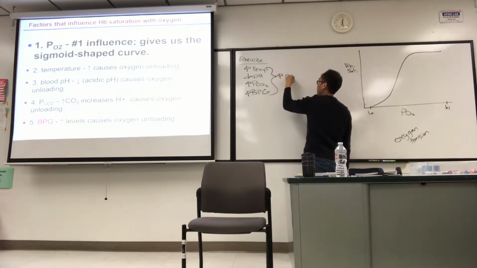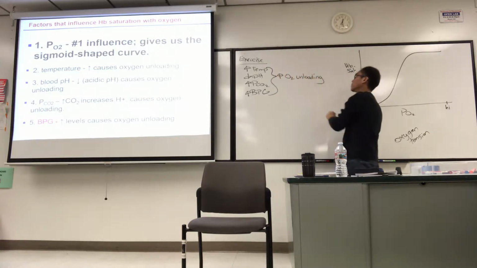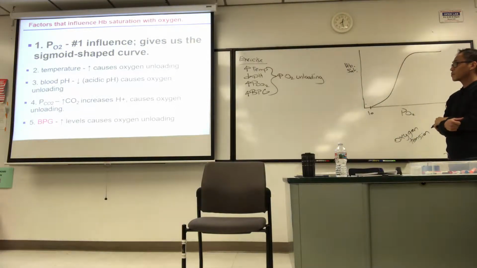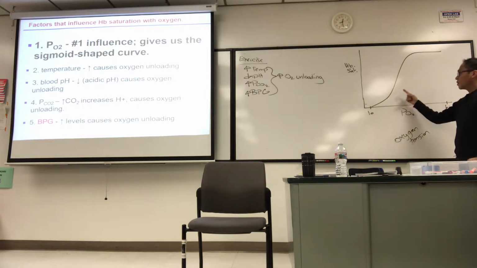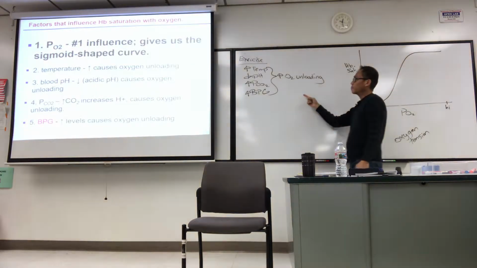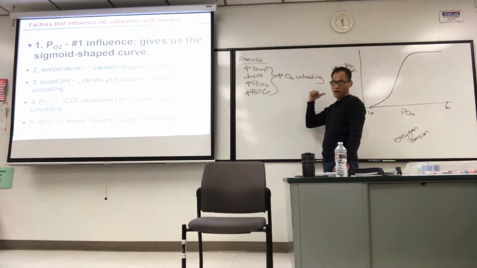Increased oxygen unloading, more so than this curve indicates. So what these changes do is they don't change the shape of the curve, but how it affects the curve is it just shifts it down and to the right.